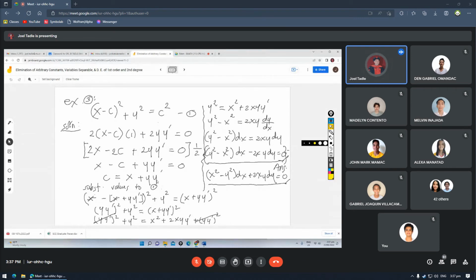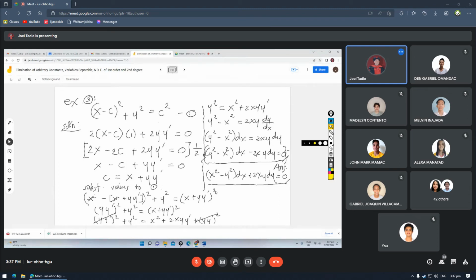So, x minus, atong gi-enclose og bracket ang equivalent sa c which is x plus y prime, then squared, then plus y squared equals, itong gi-enclose parenthesis ang value sa c, x plus y prime, then squared.